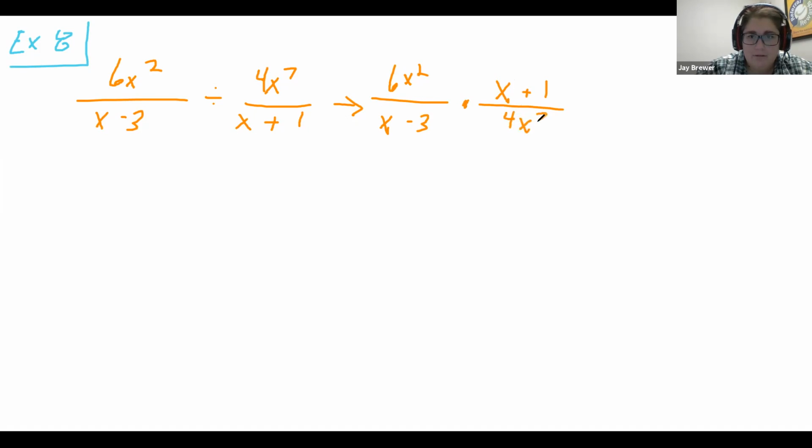The only part here that we can simplify will be the coefficients and the variables. So 6 and 4 both share a 2, so we'll end up with 3 on top. The x squared goes away because x to the 7th is bigger, so 2x to the 5th on the bottom.